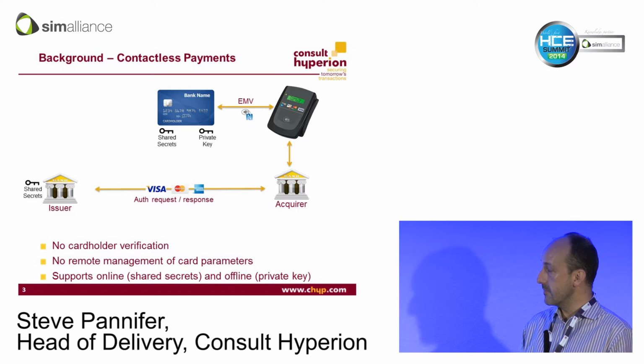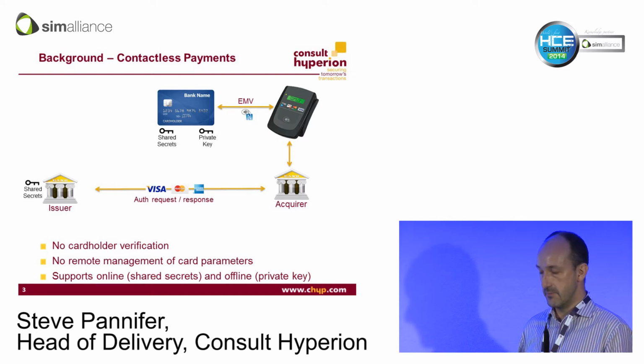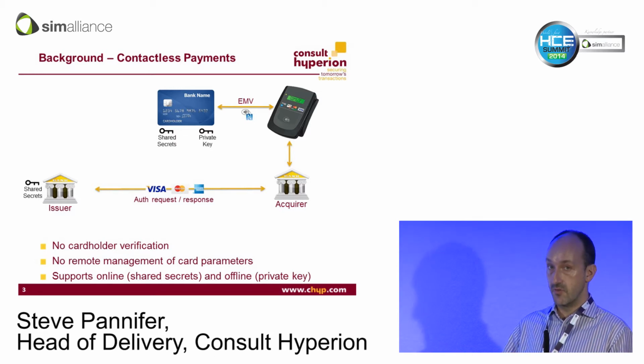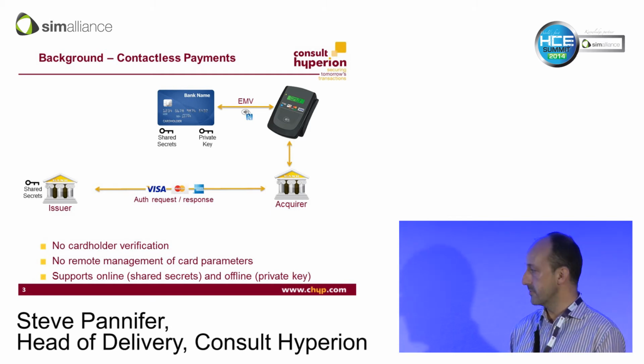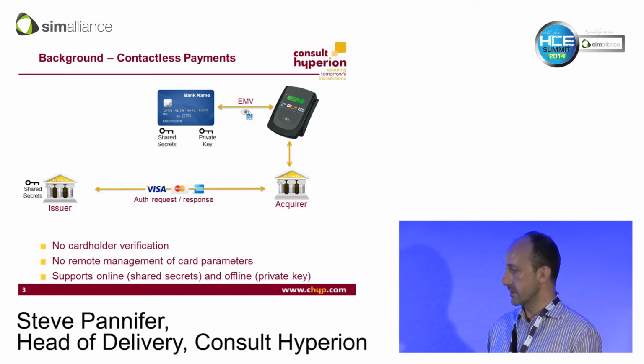A couple of things to say about contactless payments. Firstly, in the way that I've described it here and in the main usage at the moment, there's no cardholder authentication, so there's no facility for entering a PIN, certainly in an offline PIN market. In an online PIN market where you can put the PIN in on the terminal, that's different. But in the UK, there's no obvious way of doing cardholder verification.